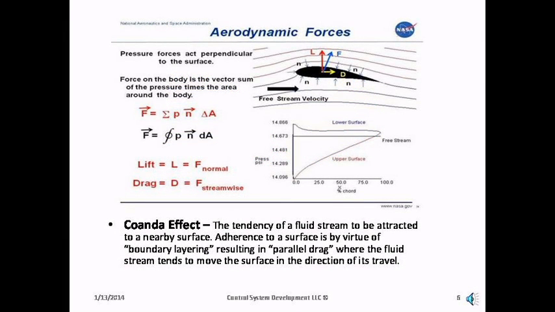This slide demonstrates the laminar flow around an object in a free stream, and how the laminar flow of fluid tends to adhere to the surfaces of the object around which it's flowing and impose a drag.